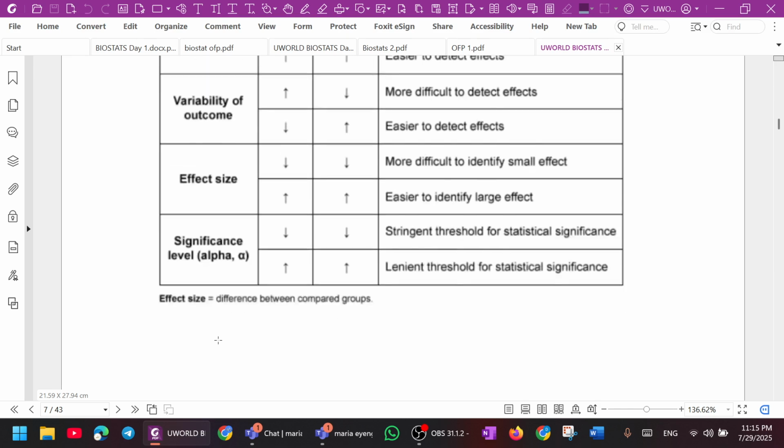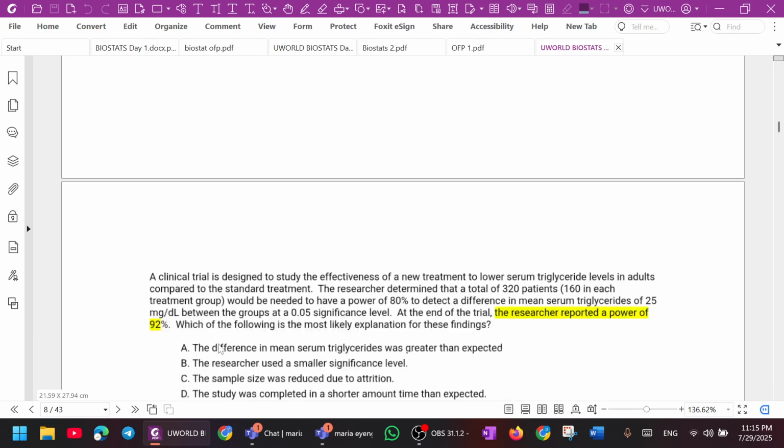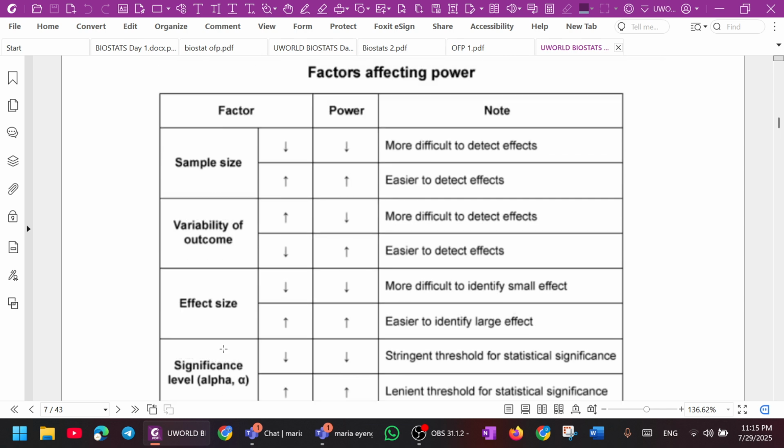Perfect. Next. So this is the box. Factors affecting the power. If sample size decreases, power decreases. More difficult to detect effect. If sample size increases, power increases. Easier to detect effect.